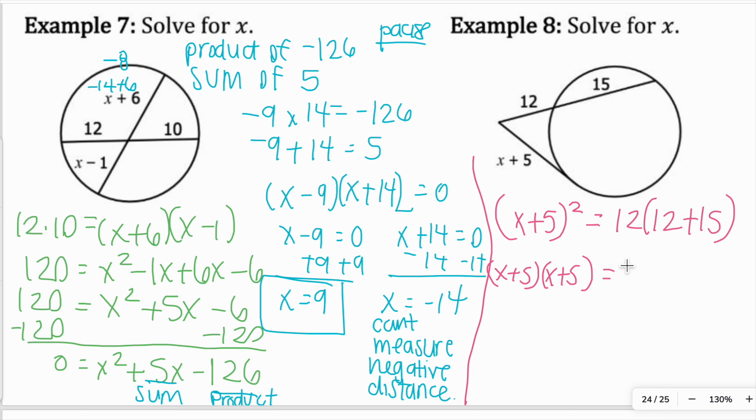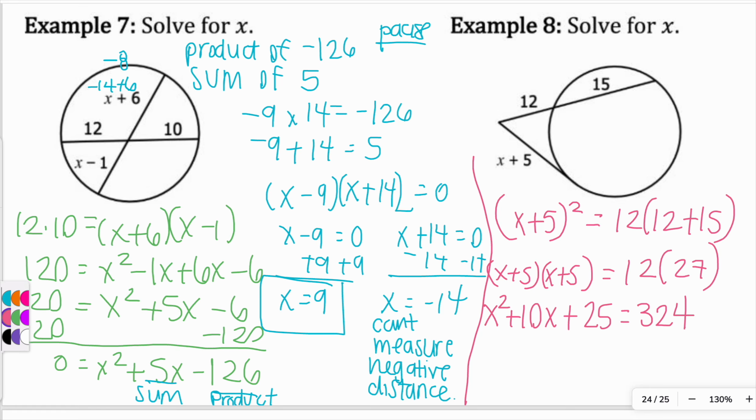And then over here, I can do 12 plus 15, which is 27. Foiling x plus 5 times x plus 5, I'm going to get x squared plus 10x plus 25. I just did first, outer, inner, last. And then 12 times 27 is 324.